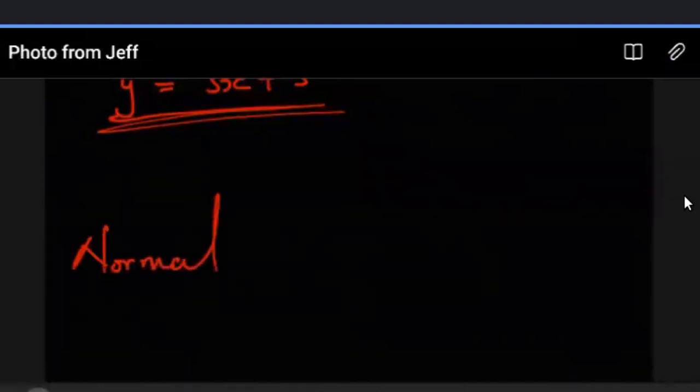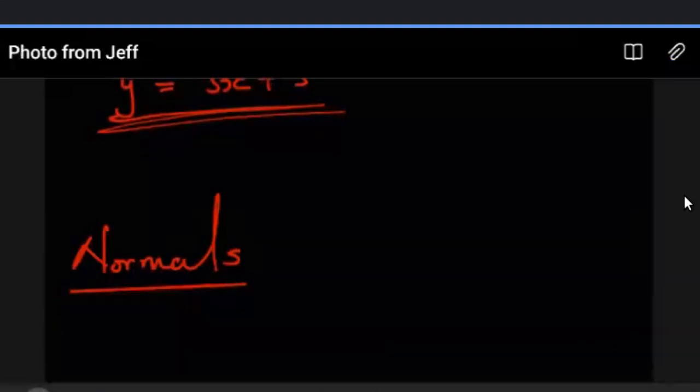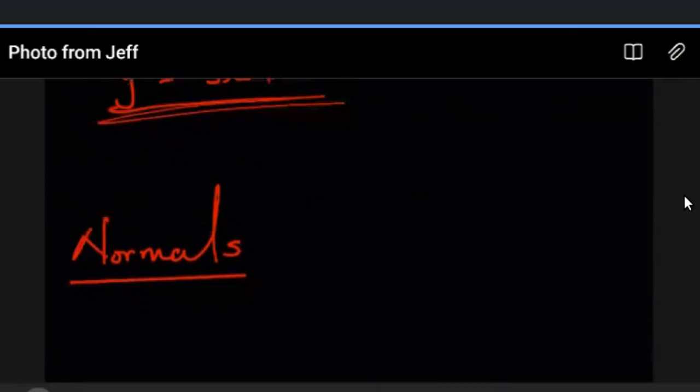Now, in most cases, normal lines are mentioned on their own, but to answer them, you have to relate them to the tangents. Because if you're given a curve, the starting point is for a curve. When you differentiate, you get the gradient of the tangent. But the tangent relates to the normal.